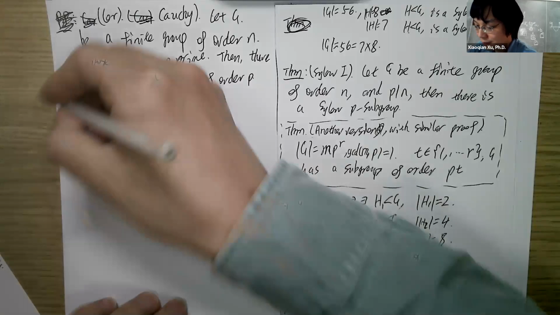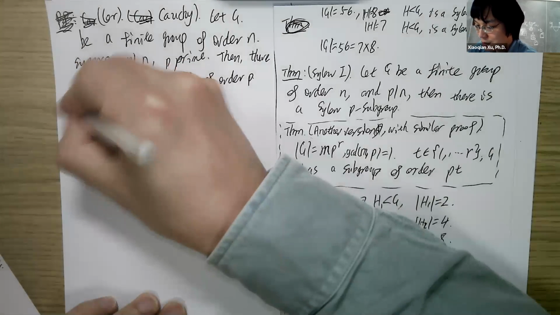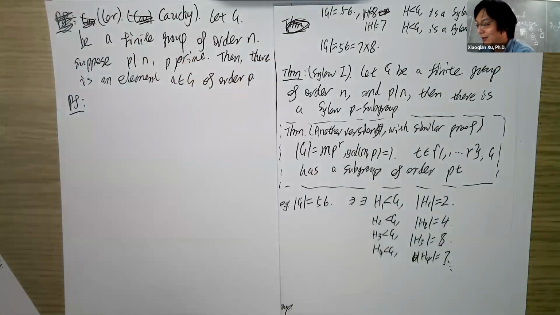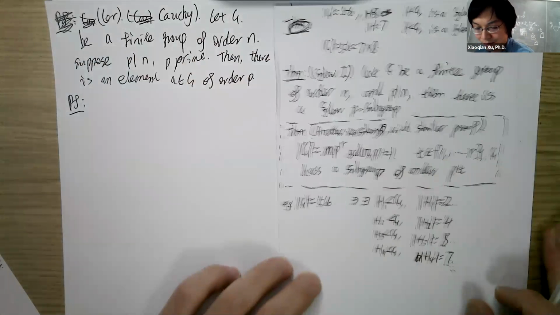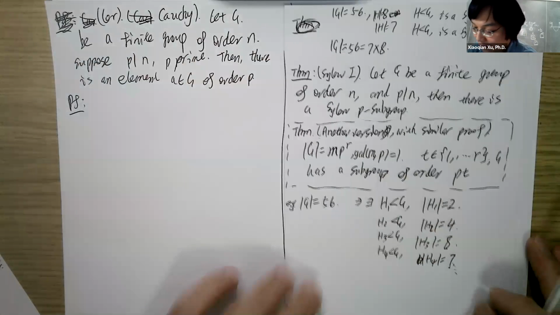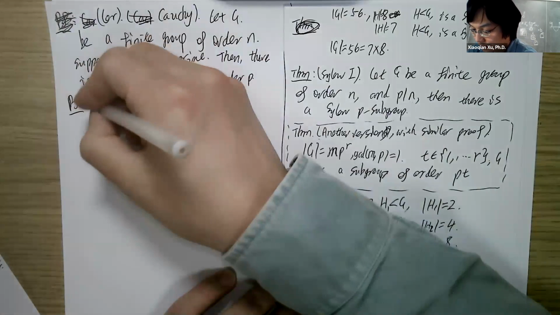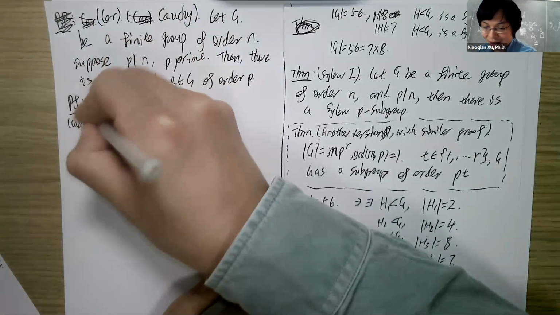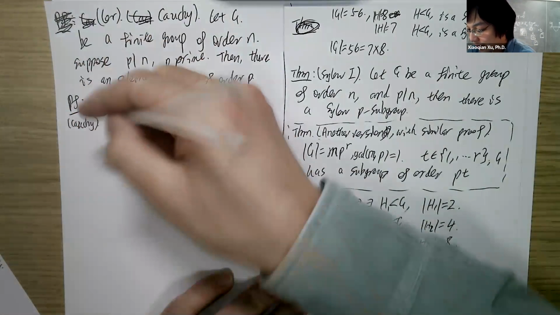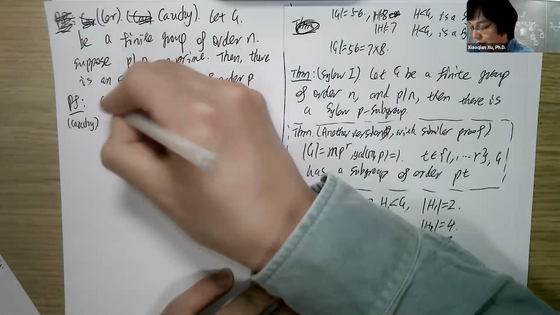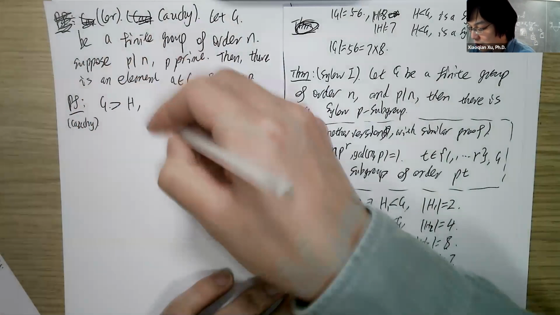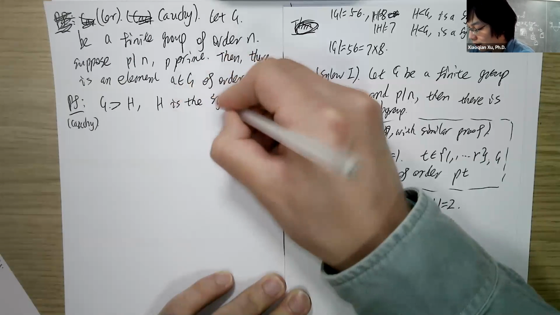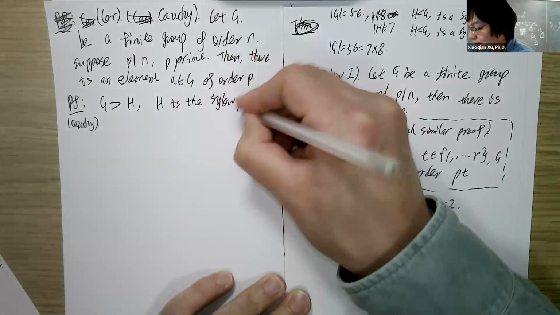Let me show the proof of Cauchy's theorem. The proof is quite easy as long as you have Sylow's first theorem. Say you have a group G. This G must have a subgroup H that is a Sylow P subgroup.